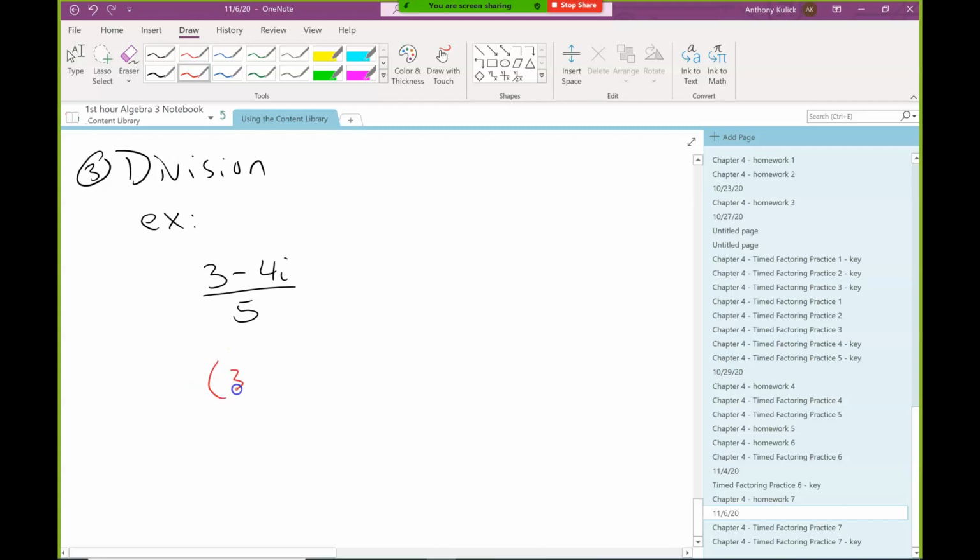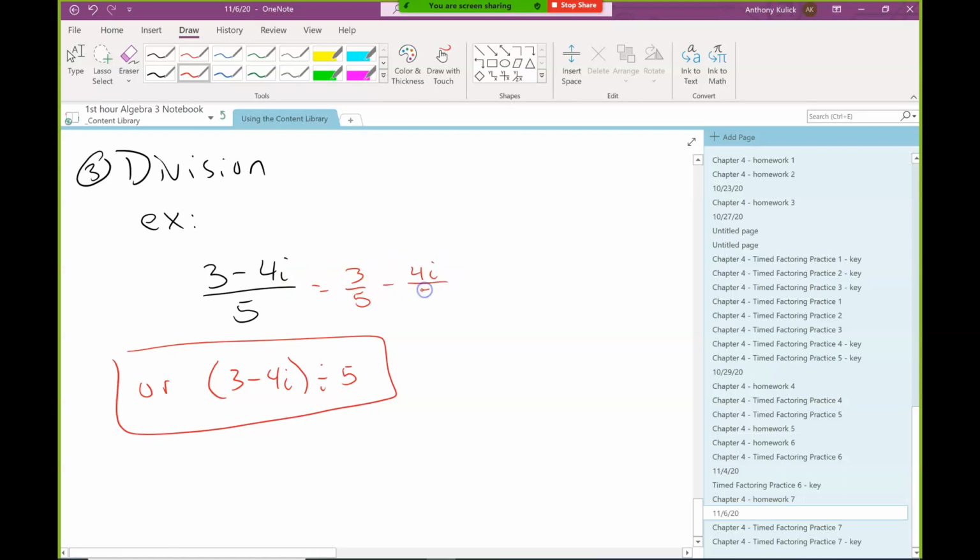Keep in mind that we could have also written this that way. Right? Still the same problem. But we did this already. All we have to do is write this as that, right? No big deal. That's the simplest case.